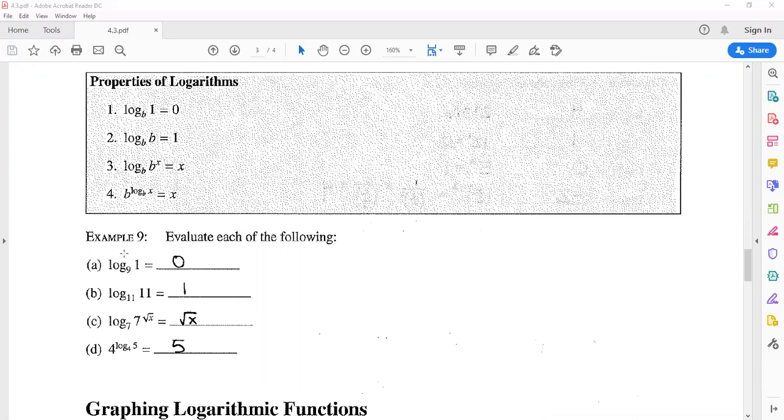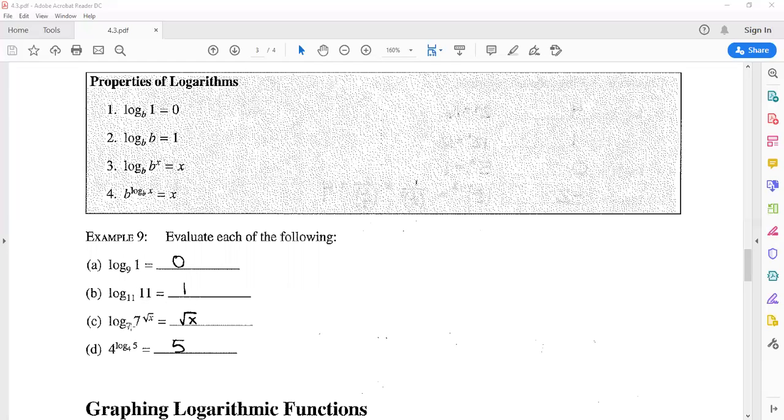So let's do this example here where we just invoke a few of these properties. Log base 9 of 1 should be 0 because 9 to the 0 equals 1. That corresponds to property 1 here. Log base 11 of 11 equals 1 because, again, 11 to the 1 equals 11. That corresponds to property 2 here.